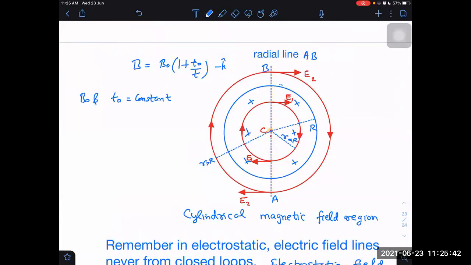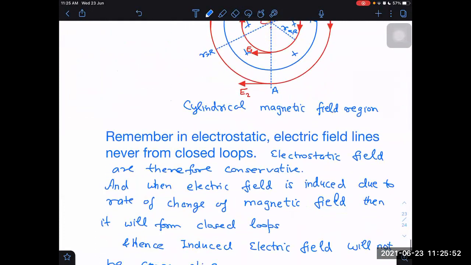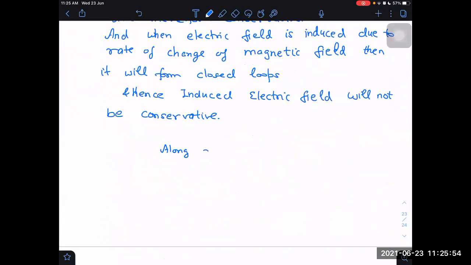And also, if I take a radial line, what will be the E dot dl value? Zero. Along a radial line, E dot dl will be equal to 0.